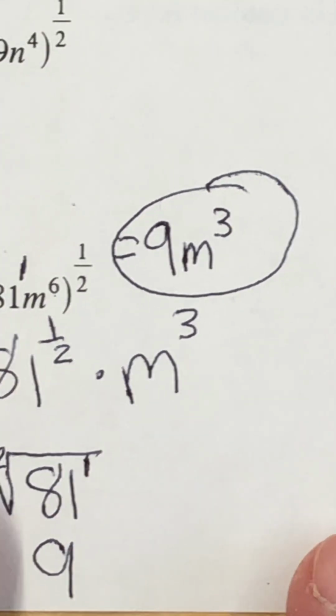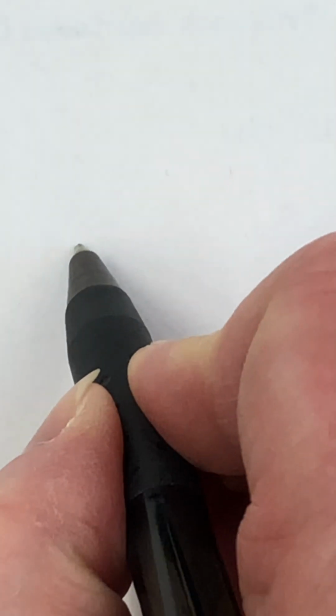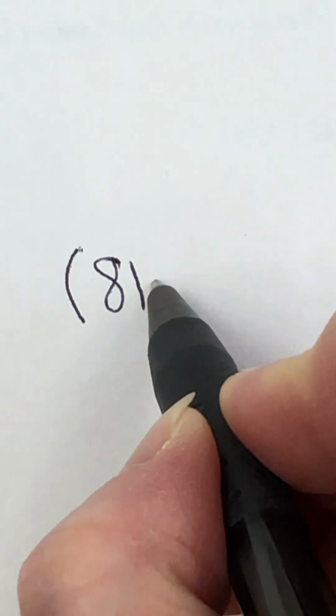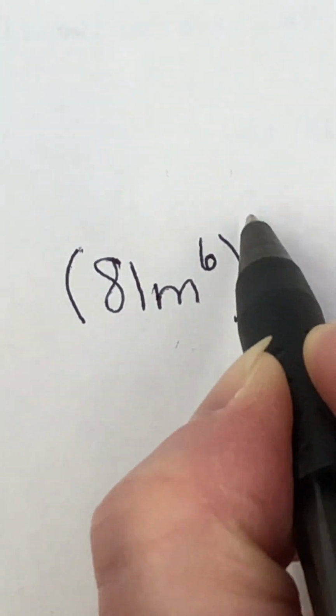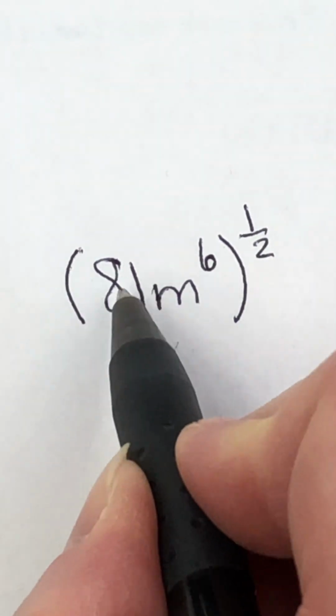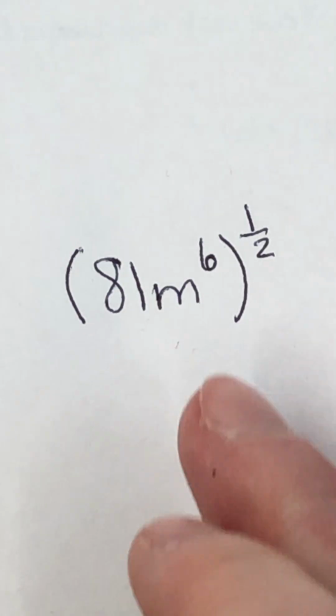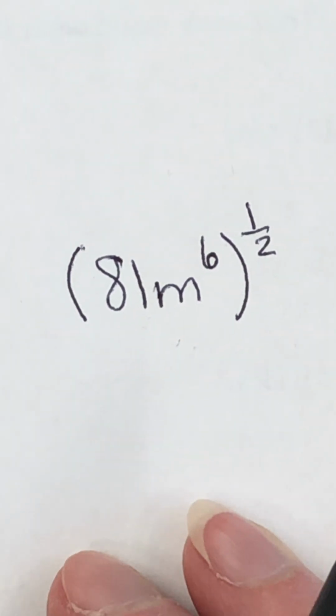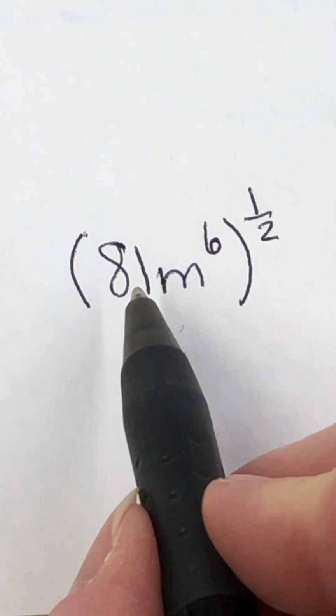So the other way that we were talking about doing this, let me rewrite the 81. So they gave you 81 m to the 6th, and then they said take half. So if having to do the exponent with the 81 is an issue for you, then you can do it a different way.